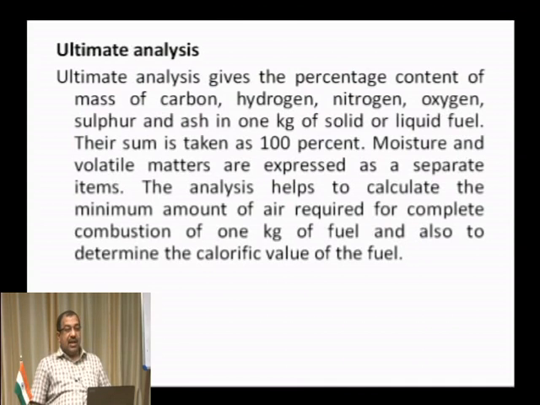Their sum is taken as 100%. That means the mass of carbon, hydrogen, nitrogen, oxygen, sulphur and ash in 1 kg is taken as 100%. Moisture and volatile matter are expressed as separate items. They are not considered in the main composition.